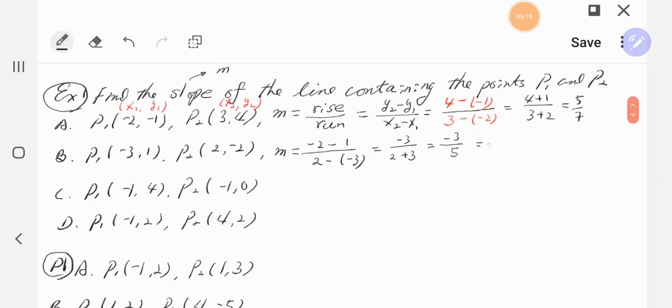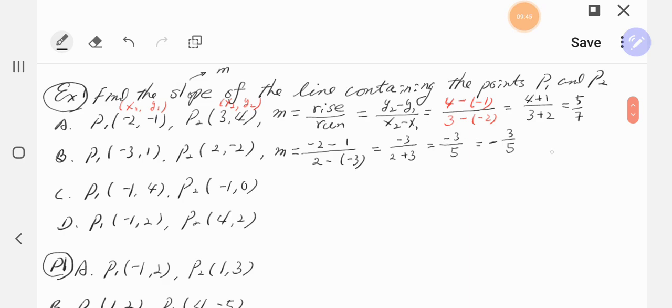Or you can write it like this. This means the negative moves to the front, negative 3 over 5. So this negative can be either in the numerator or the denominator. So negative 3 over 5 means, negative 3 means starting from 1 point, you go 3 units where? Down. 3 units down and then 5 units to the right. Because the numerator is negative. Numerator is rise over run, right?